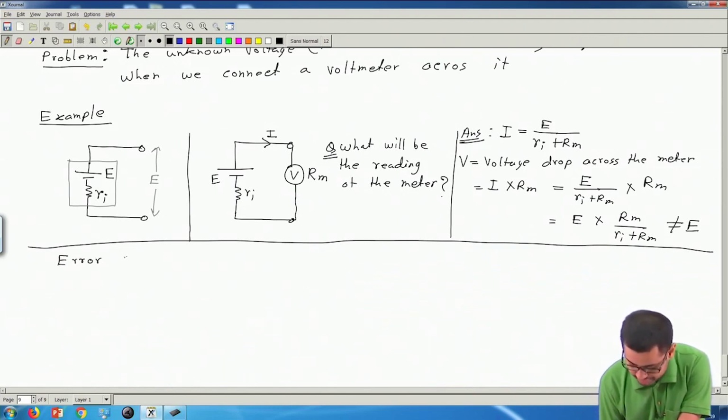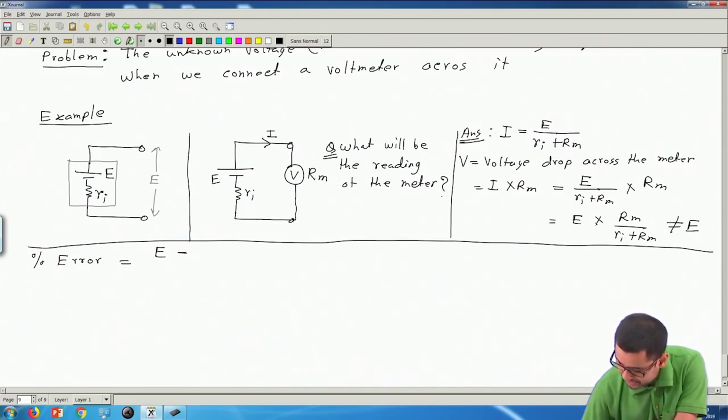We can write the percentage error or relative error as the true value, which is E, minus the meter reading, which is E Rm by Rm plus Ri, divided by the true value.